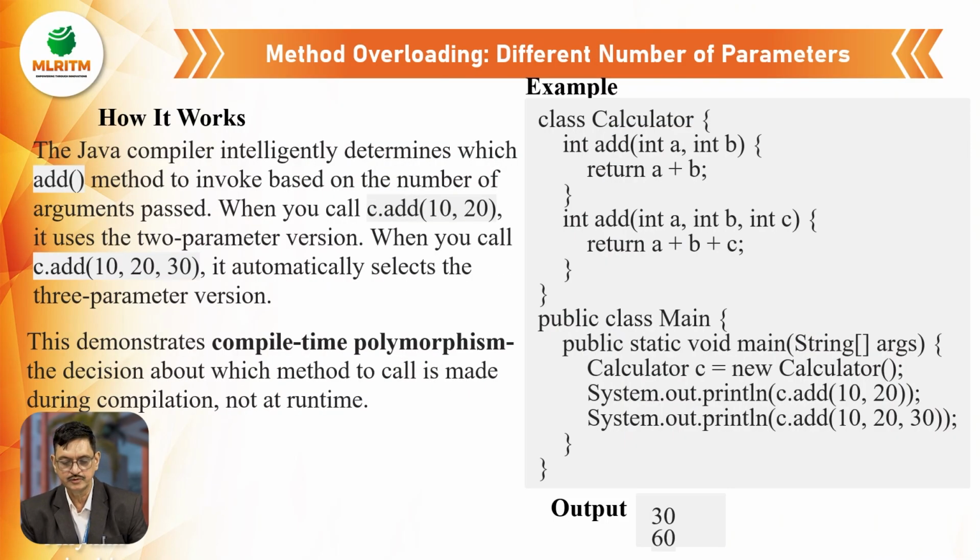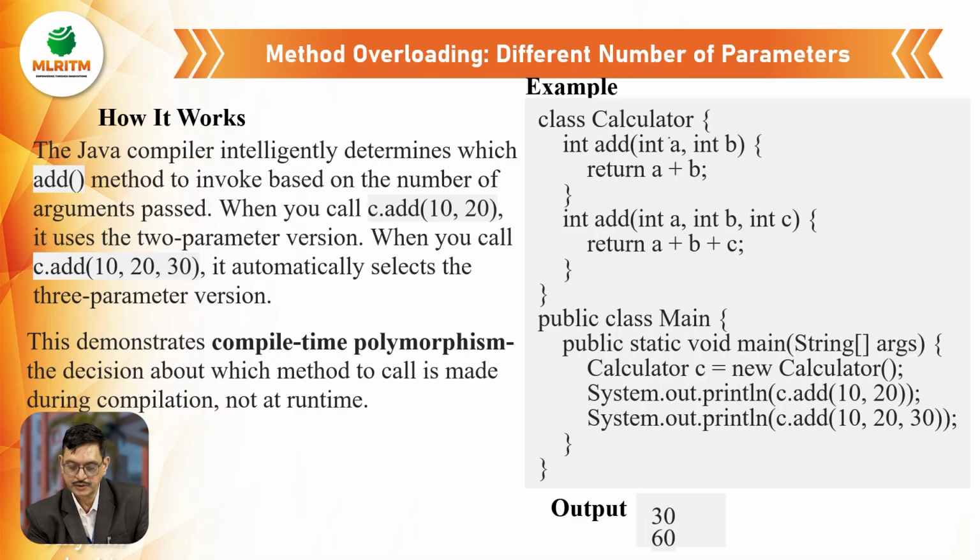So, method overloading with a different number of parameters. First of all, we'll see in what way we can use it. Say for example, we have this small code snippet. We are using a small calculator as indicated in the previous slides.